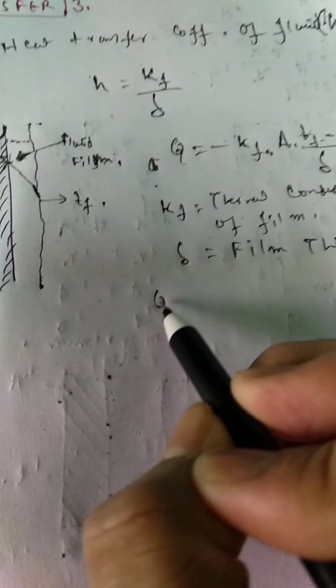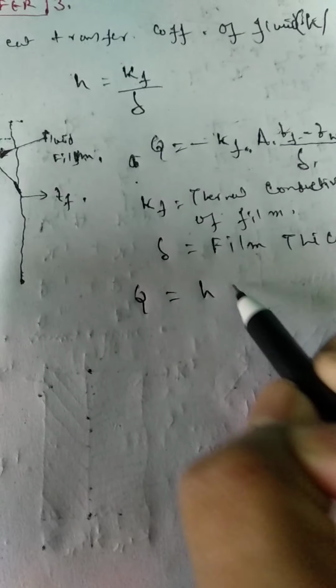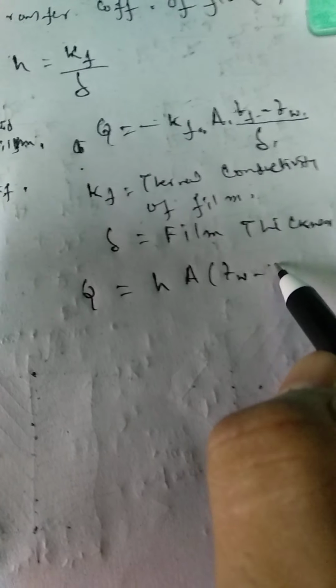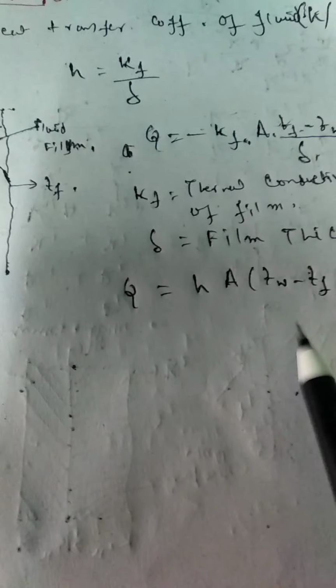That is similar to that of solids, where we have Ka del T by X, where in place of X there is the film thickness, which is delta. So this equation becomes Q is equal to hA into temperature difference.